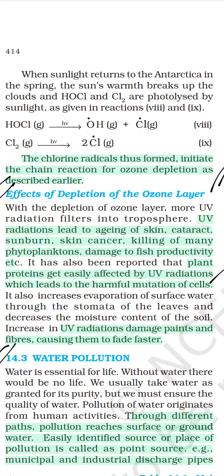Pollution of water originates from human activities through different paths. Pollution reaches surface or ground water. An easily identified source or place of pollution is called a point source. Example, municipal and industrial discharge pipes.